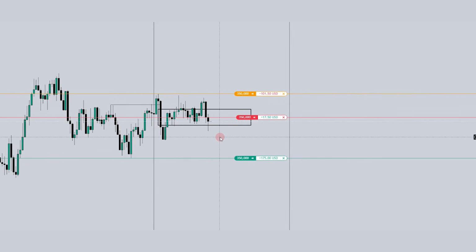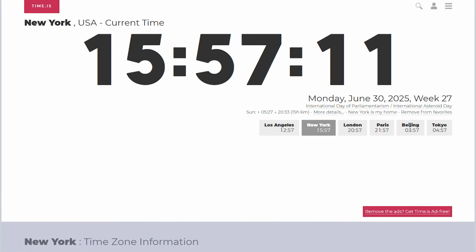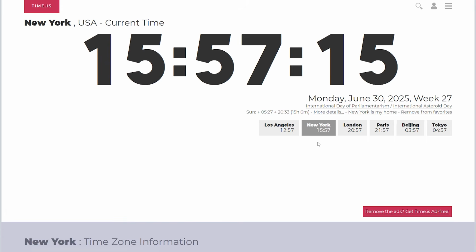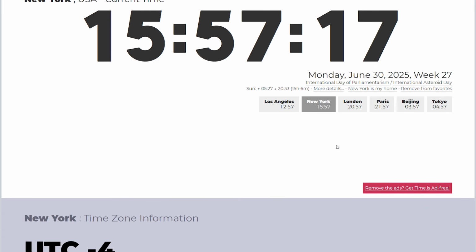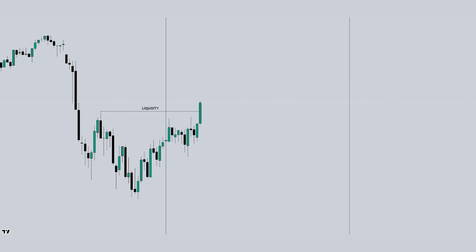In spring and fall, when the transition to daylight saving time or standard time occurs, terminals and TradingView are often not synchronized with real EST. The 10 o'clock to 11 o'clock window on your chart may actually be 11 o'clock to 12 o'clock, and you don't even notice it. That's why you should always check the exact time via time.is/EST, and it's better to set an alert for UTC right away. Make one mistake and the market will let you know how important every minute is.